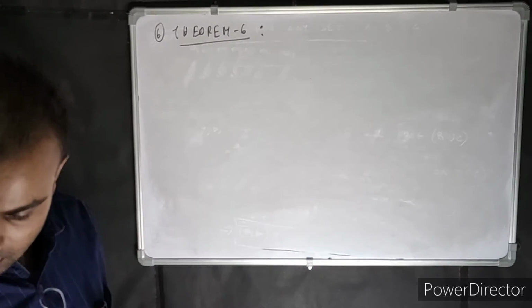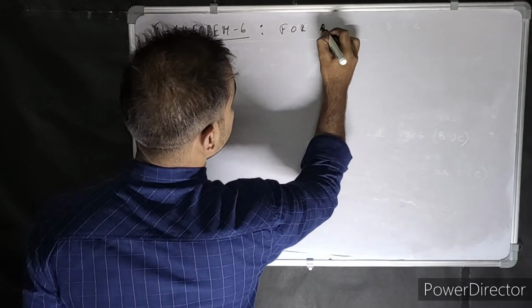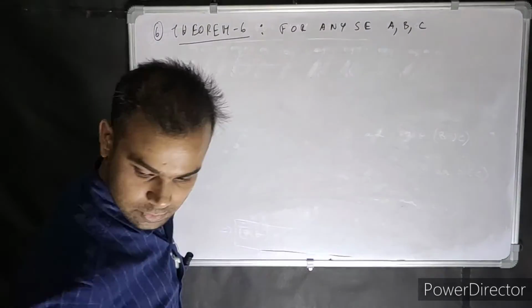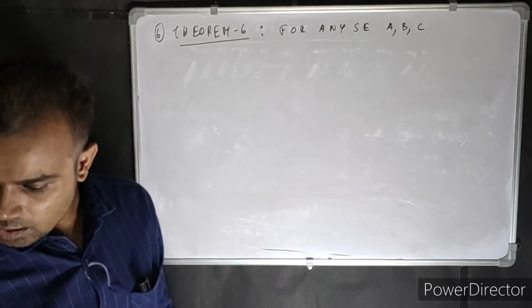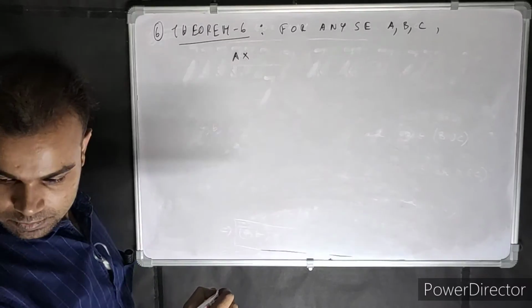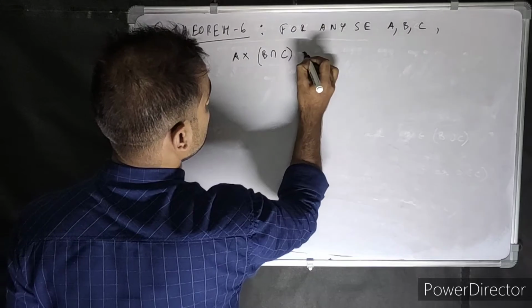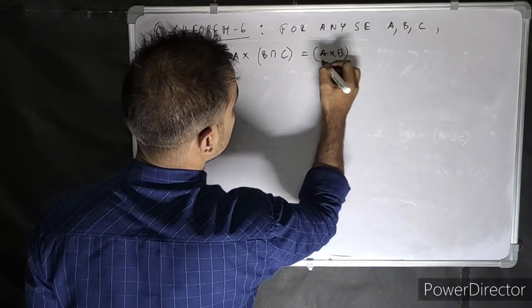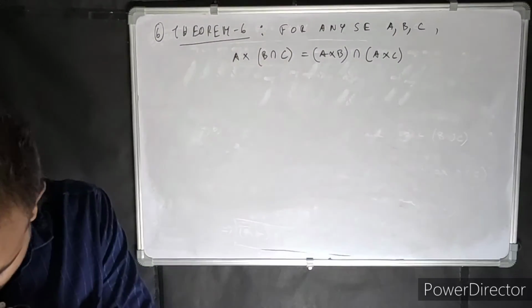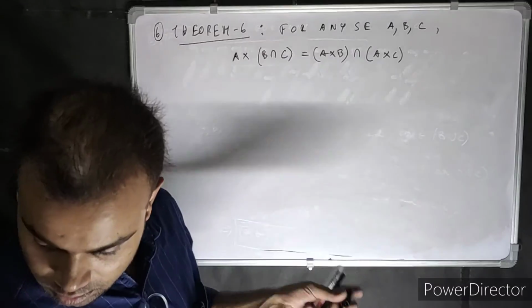Theorem number 6 is saying, for any sets A, B, C, A cross (B intersection C) is equal to A cross B intersection A cross C.